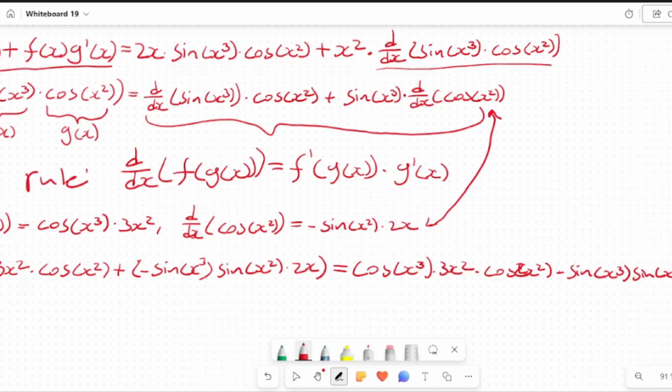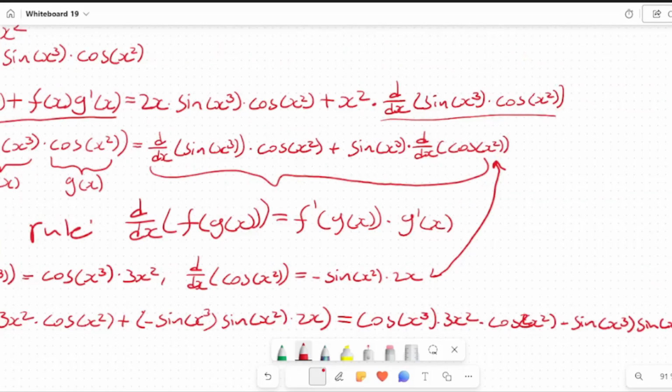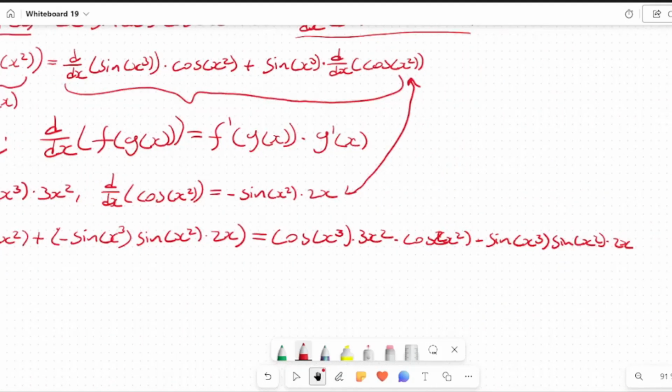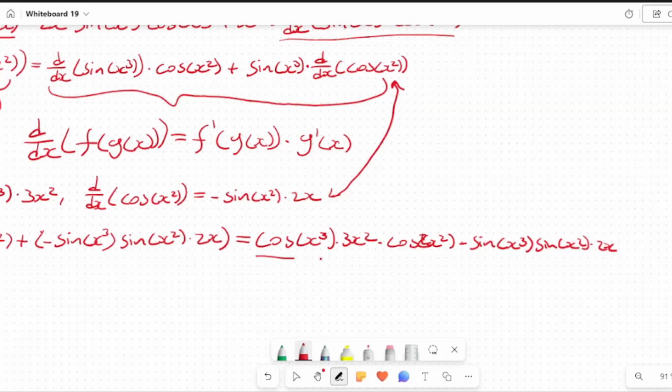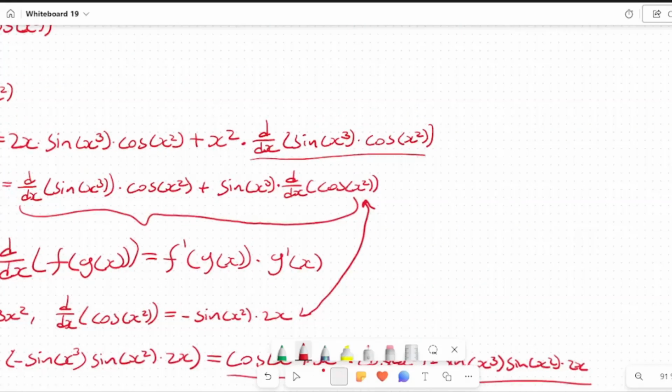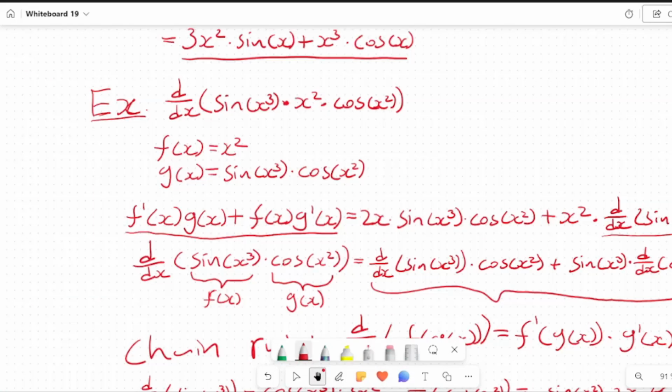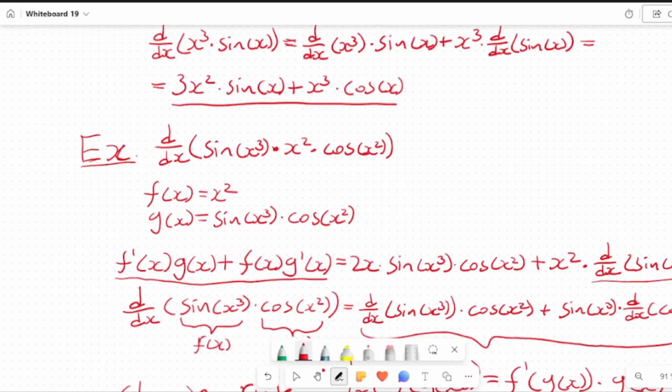Now, I won't be showing the complete simplification of this, because what we've essentially done is we have evaluated the derivative of sine of x cubed times cosine of x squared based upon this particular derivative, where we basically had f of x, according to the product rule, being equal to x squared, or I set it to x squared.